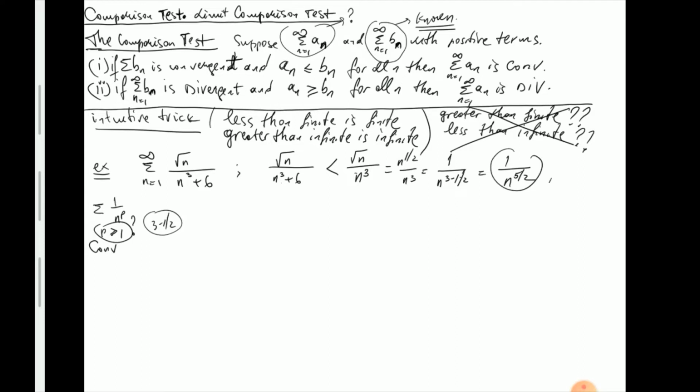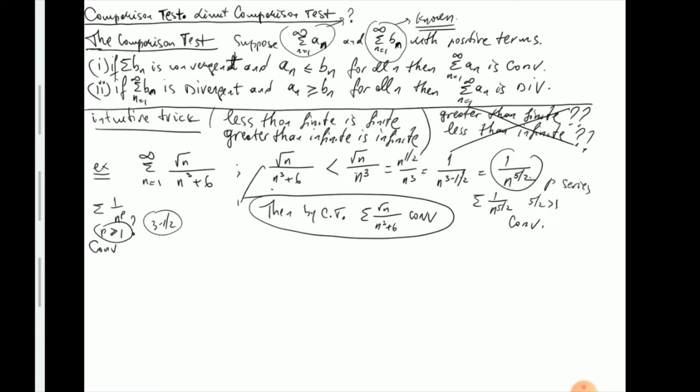Because this is a p-series, right? So the summation of 1 over n to the 5 over 2 is a p-series with p greater than 1. This is going to be convergent. And because this is less than this, I can conclude by the comparison test that my original series converges.